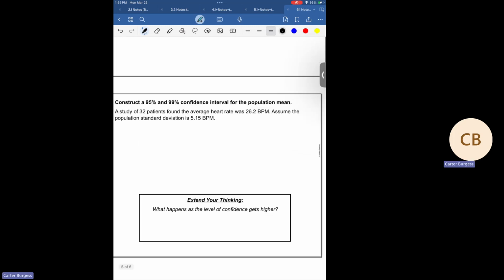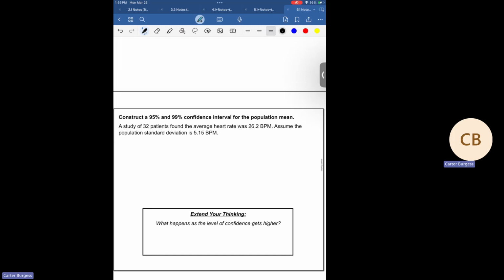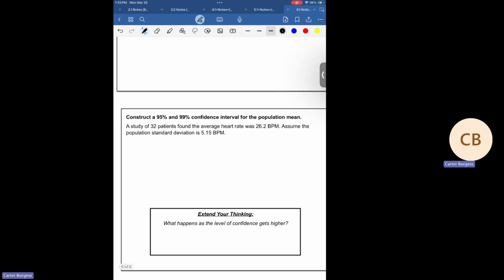All right, we're going to come back to this one. Take a stab at the 95 and 99% confidence interval. So we already know, what are the z-scores that are attached to 95% confidence?